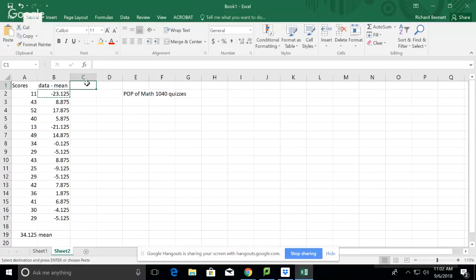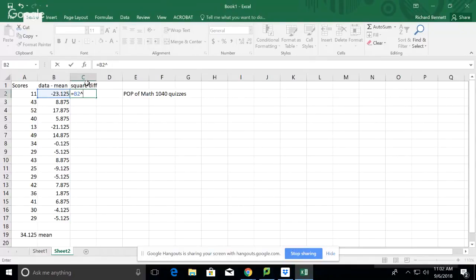Now what? You square the difference. Square the difference. Okay, do you remember how to do that? I believe it's equals, then the first number there, and then shift 6, which is the caret key.